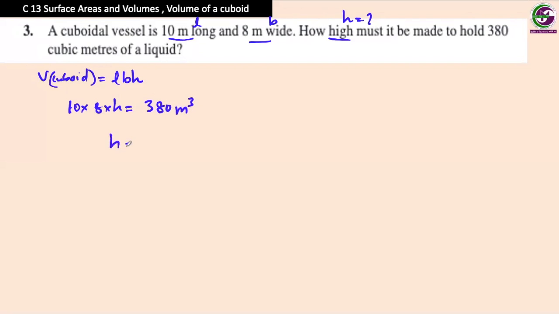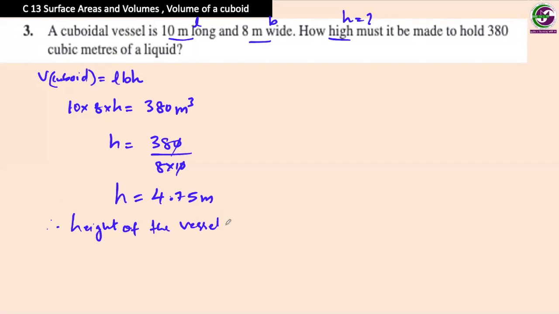H is equal to 380 divided by 8 times 10. Therefore, H is equal to 4.75 meters. Therefore, the height of the vessel is equal to 4.75 meters.